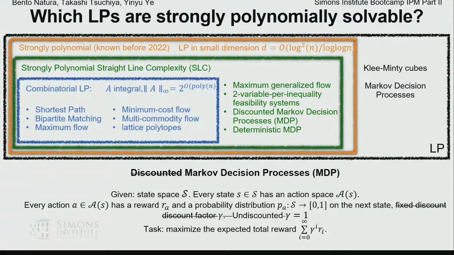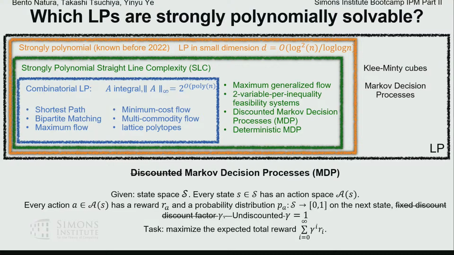My hope is, if you want to prove whether there is a strongly polynomial algorithm for LP, you had better prove it for discounted Markov decision processes, in the general undiscounted case. It has a lot of nice structures.